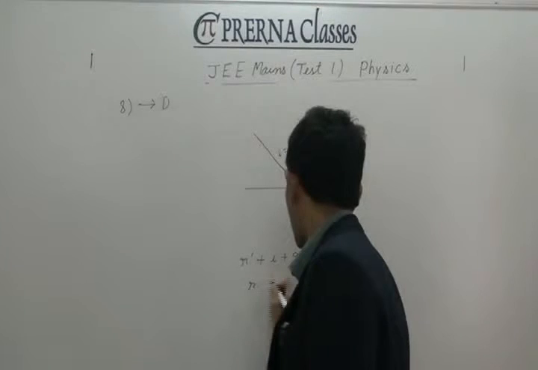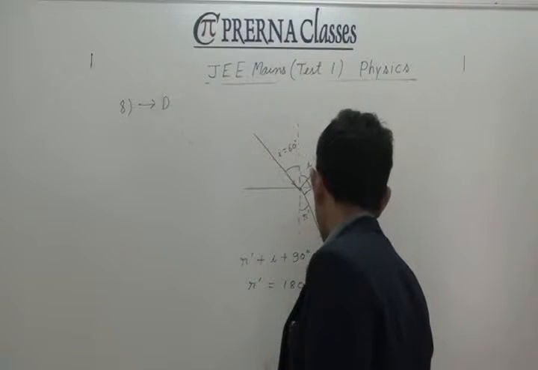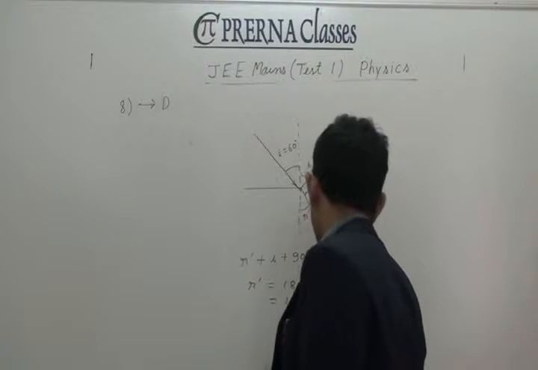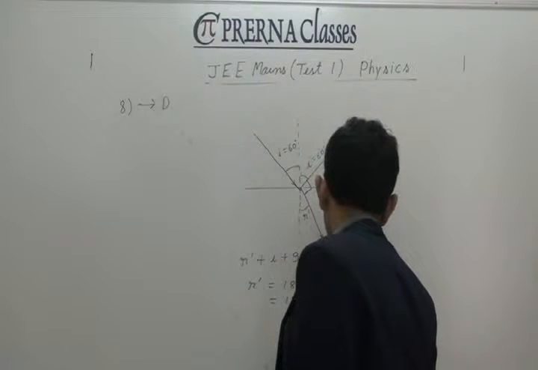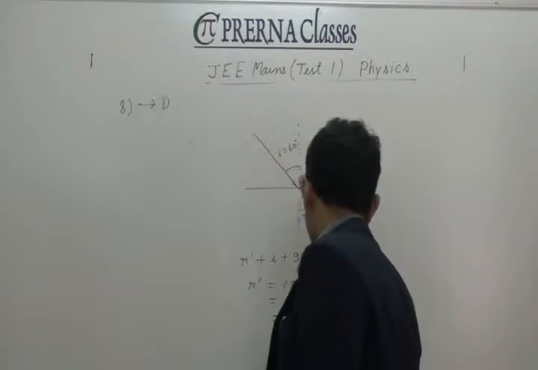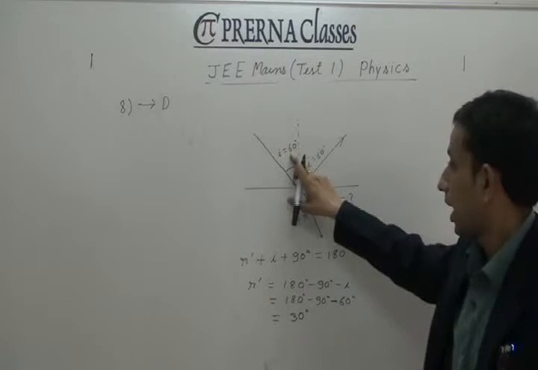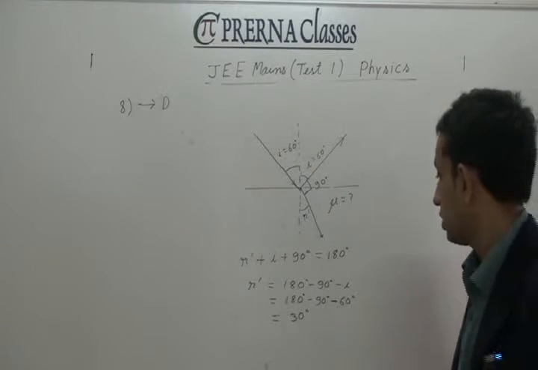Now R dash is 180 minus 90 minus I, which will be 30 degree. Now R dash we have 30 degree and angle of incidence is 60.